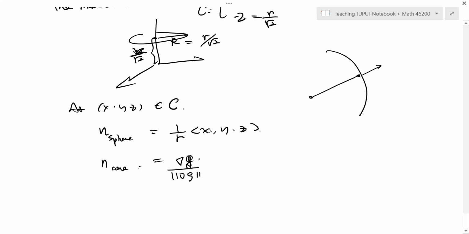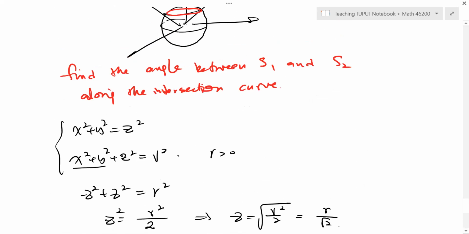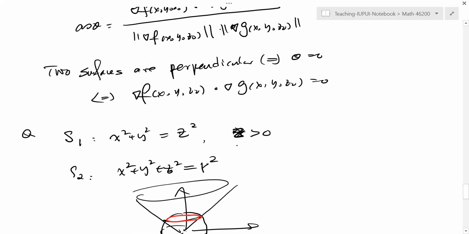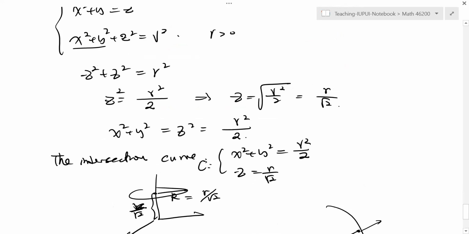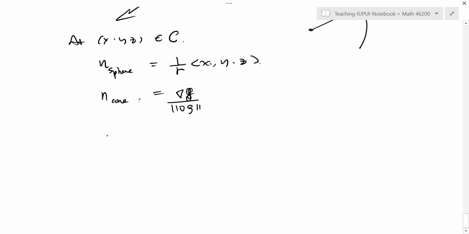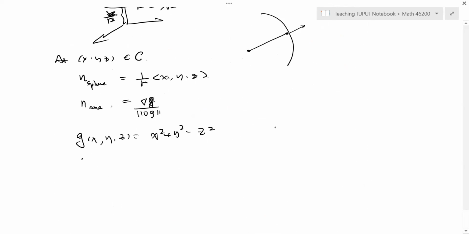I didn't even mention g here, right? Did I mention? Yeah, g was mentioned. g of x, y, z is going to be x squared plus y squared minus z squared. So the gradient of this is going to be 2x, 2y, minus 2z.